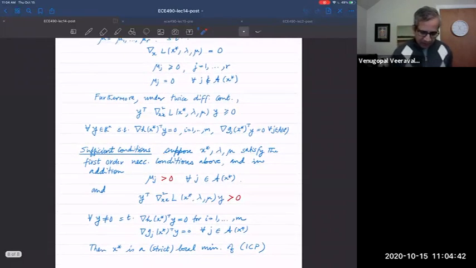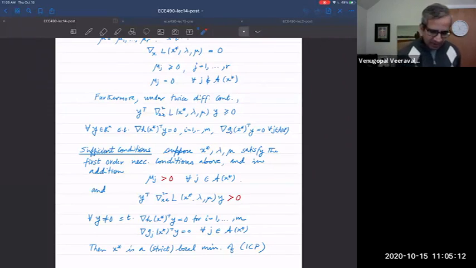You can also get sufficiency conditions if these mu_j's are strictly positive for j in the active set, and there's a positive definiteness condition, not positive semi-definiteness, on the Hessian like this. Then x star is a strict local minimum of ICP. So this is where we stopped last time.